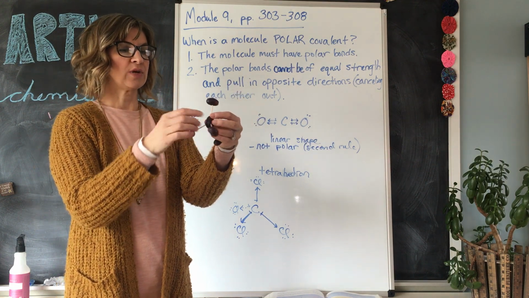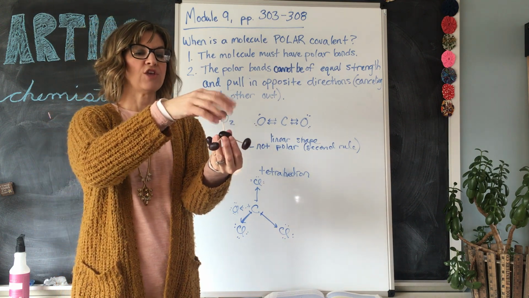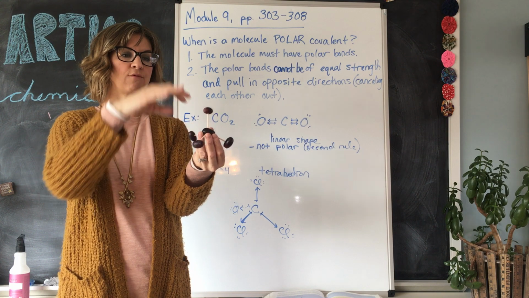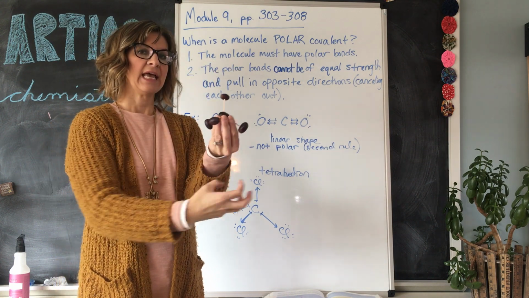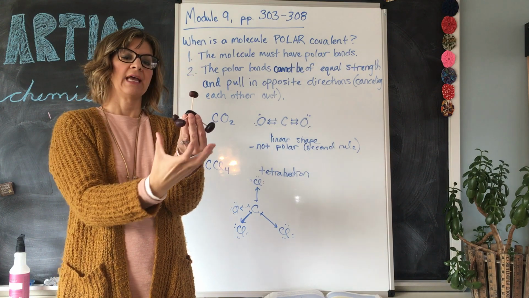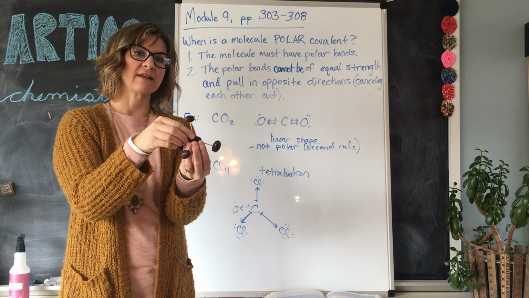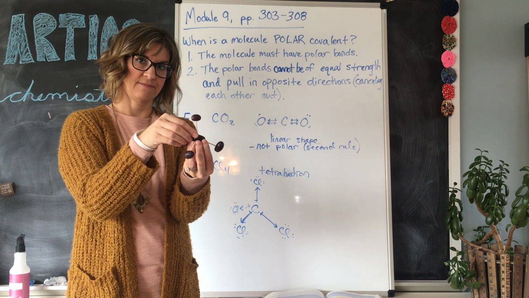And you can kind of see how, again, there's no way that you could cut this molecule in half where you would see a positive side and a negative side, because any way you cut it, you have negative up here and you have negative on the bottom. The positive, the carbon, is kind of blocked off in the center.